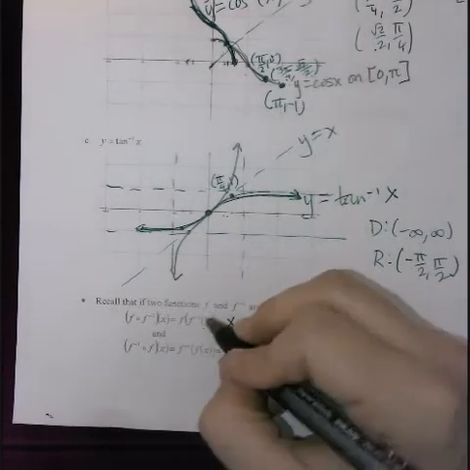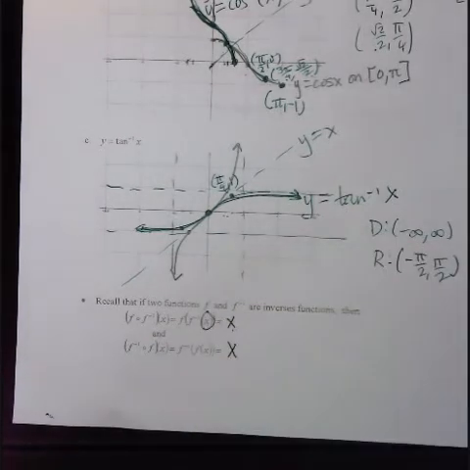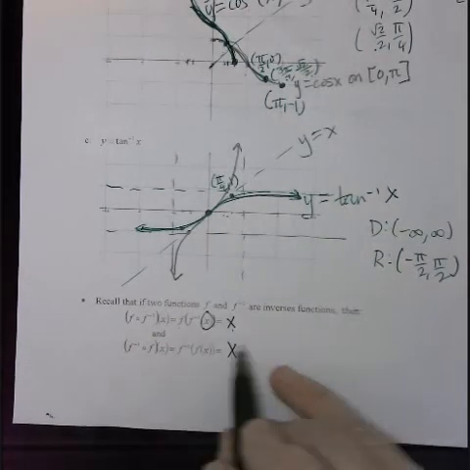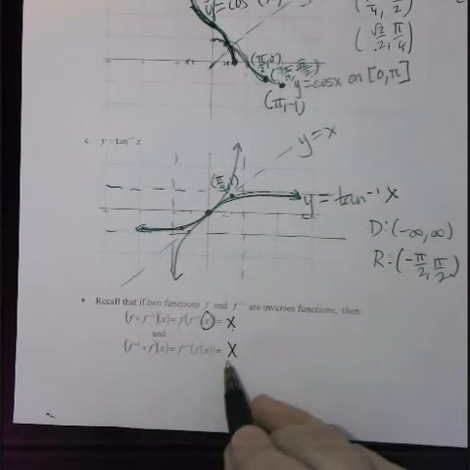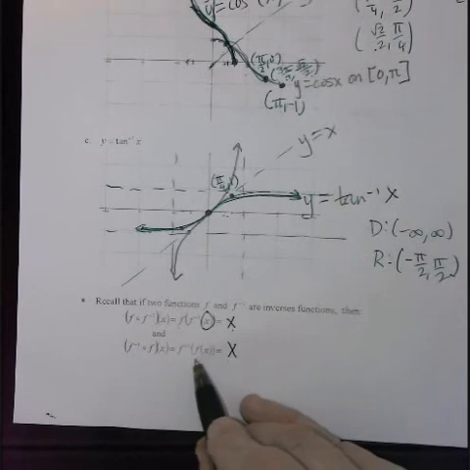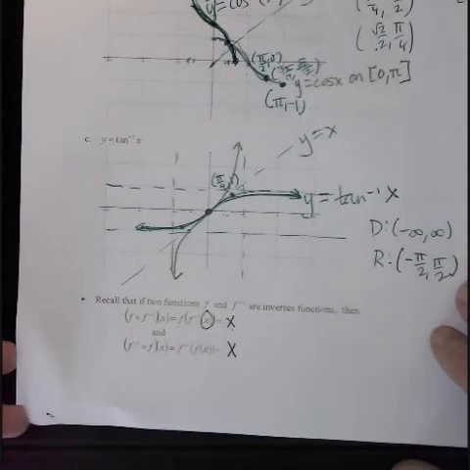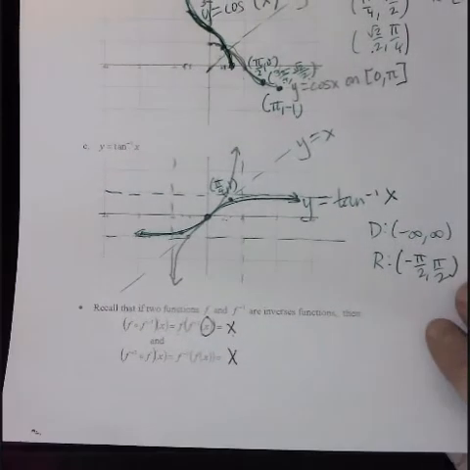Notice f is undoing the operations of f inverse, and likewise if you reverse the order of composition, f inverse undoes the operations of f, and again you just get back to x. So that needs to hold for the sine inverse and sine function pair, cosine inverse and cosine, etc.